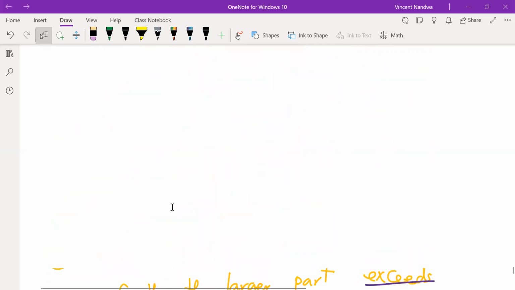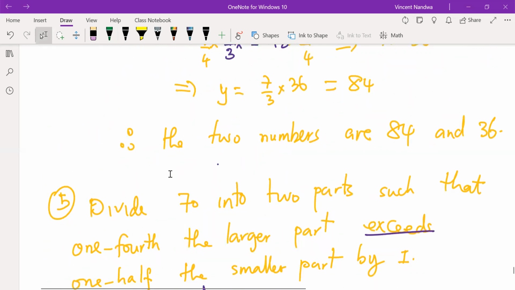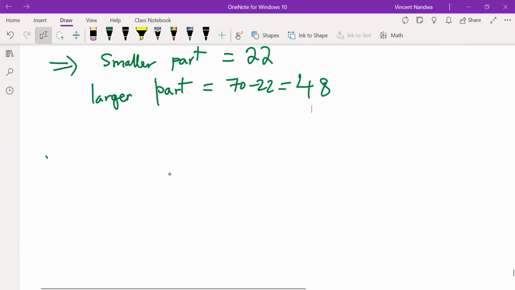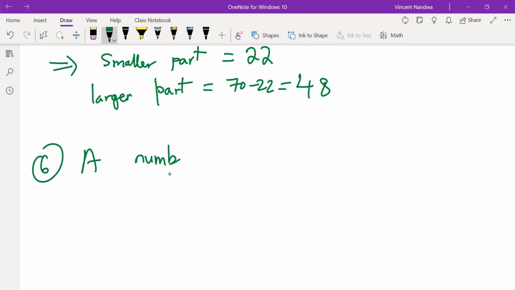Number 6. The question is, a number consists of 3 digits, so simply a 3-digit number.